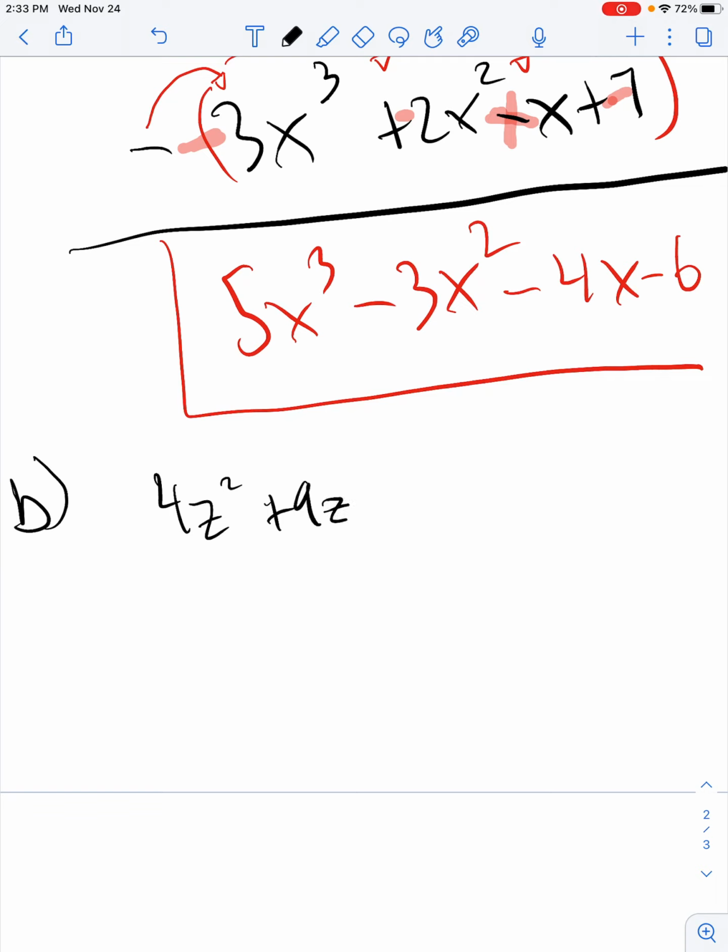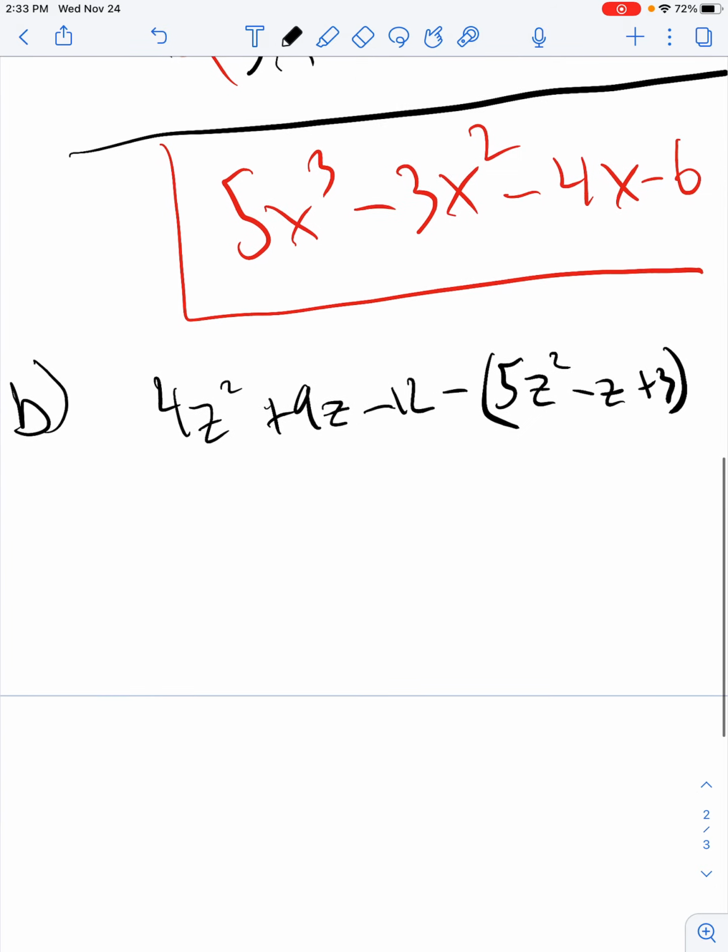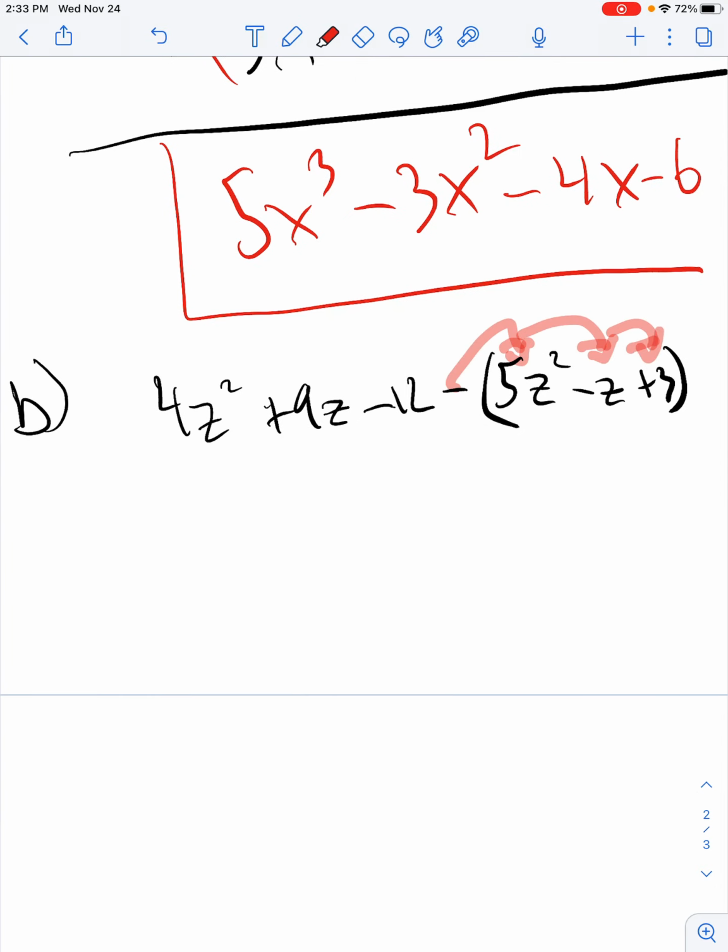And then again, I have to think about using those parentheses to describe my second term, 5z squared minus z plus 3. So again, remember this is going to be applied to each term. So it's minus 5z squared plus z minus 3.